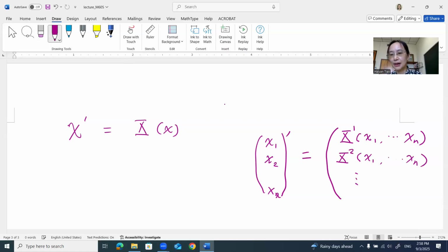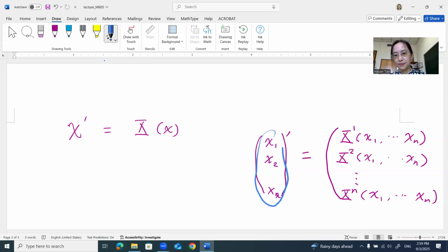And then the last component of the vector field also depends on that x. So this is our x.